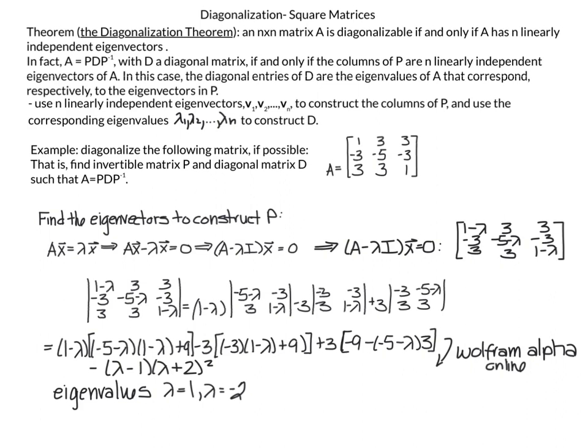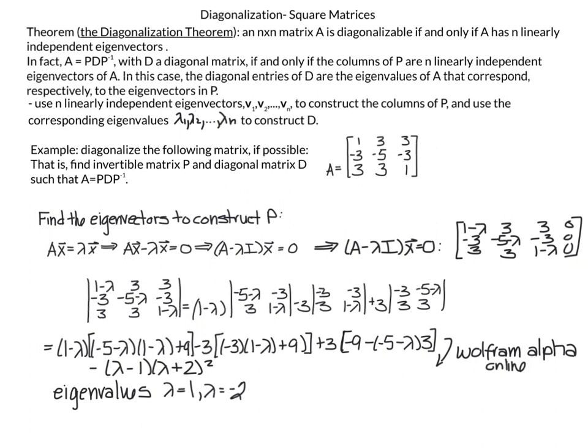So our augmented matrix for this is the matrix 1 minus lambda, negative 3, 3, 3, negative 5 minus lambda, 3, 3, negative 3, 1 minus lambda, and 0, 0, 0.